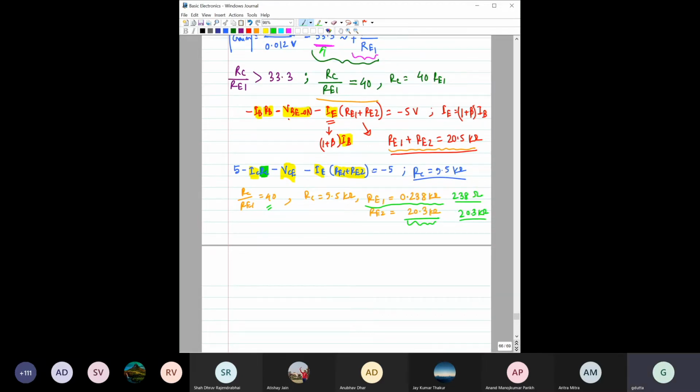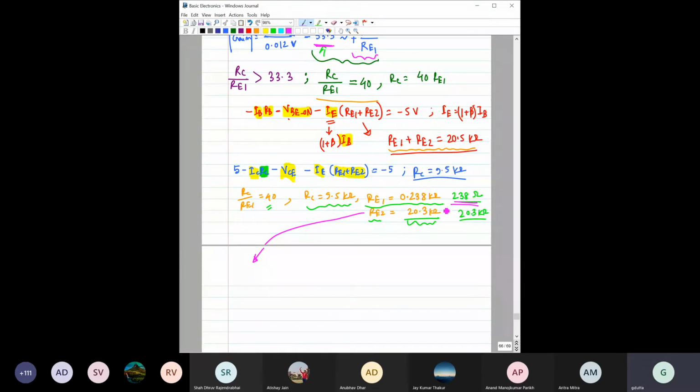Okay, so from here we have got the required values of resistances, right? 9.5 for RC, and the values of RE1 and RE2. But if you are really trying to make one circuit practically, suppose you have come up with this 238, and you go to the shop and ask for a resistance of 238, you might not get the actual value, because resistance values are of fixed types. Suppose you have 240 ohm or 220 ohm available, so you have to use that, right?